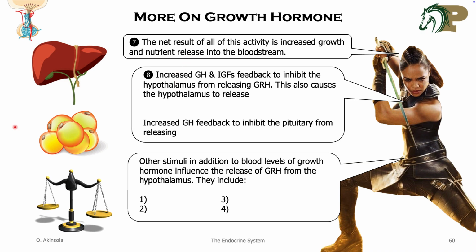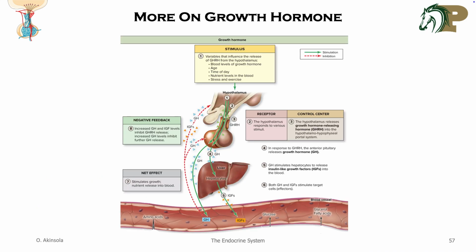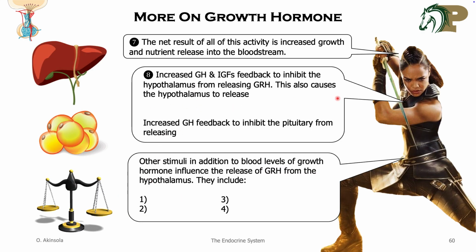Number 8, if we go back here, is where we're talking about negative feedback. Growth hormone and insulin-like growth factors will feed back to inhibit the hypothalamus from releasing GHRH.